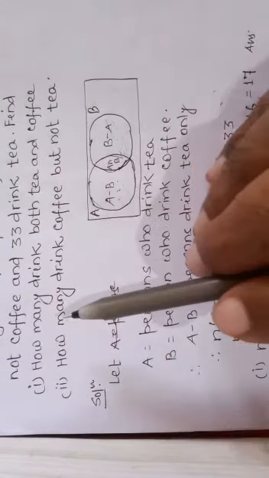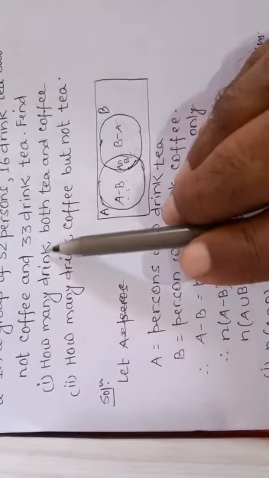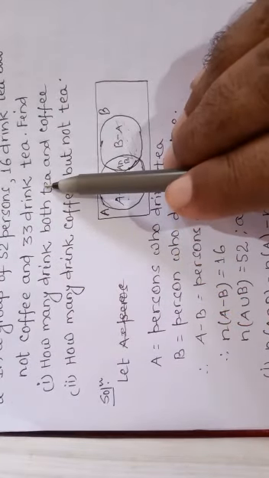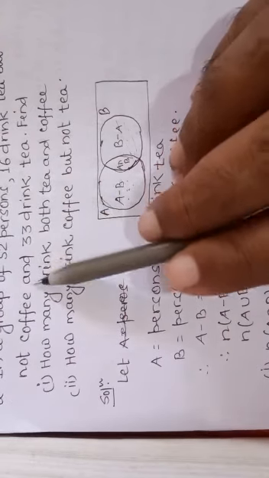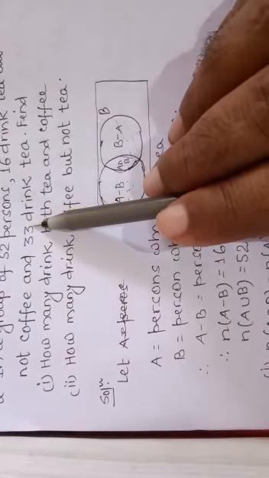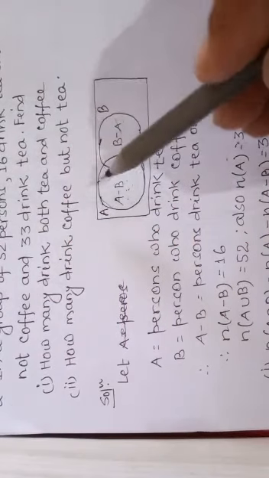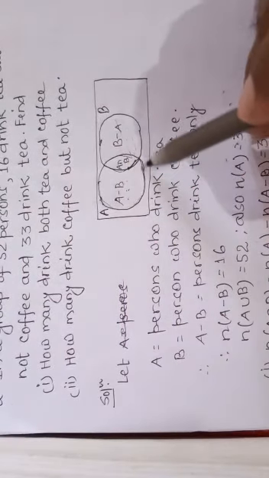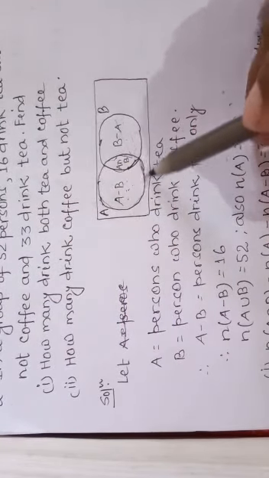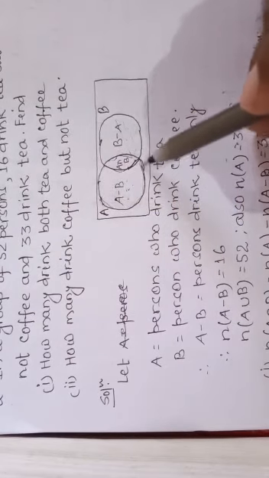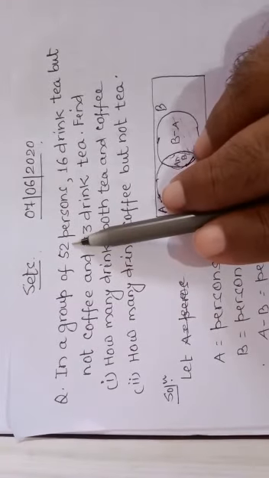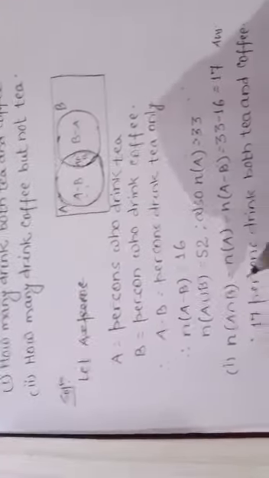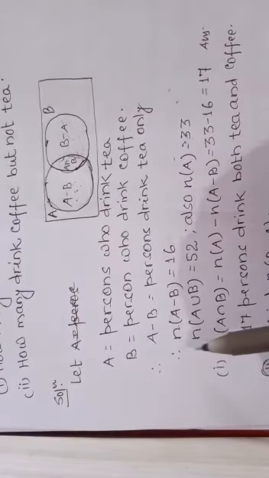Similarly, it is given that 33 drink tea, which includes tea as well as coffee. So N of A will be 33, and the total number of persons given is 52. So these are our given terms.